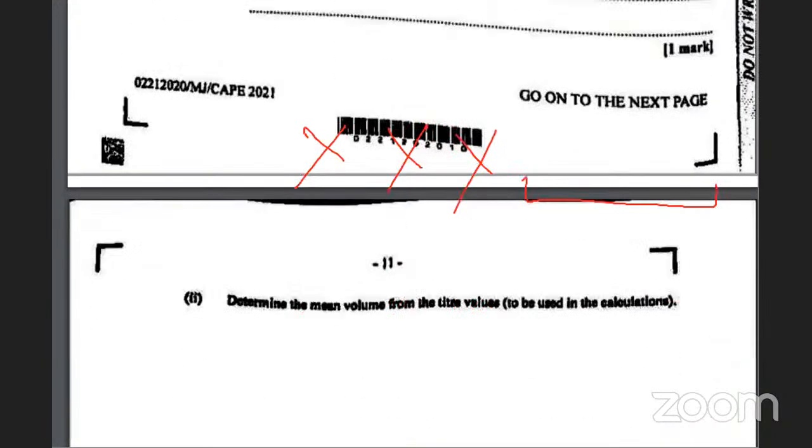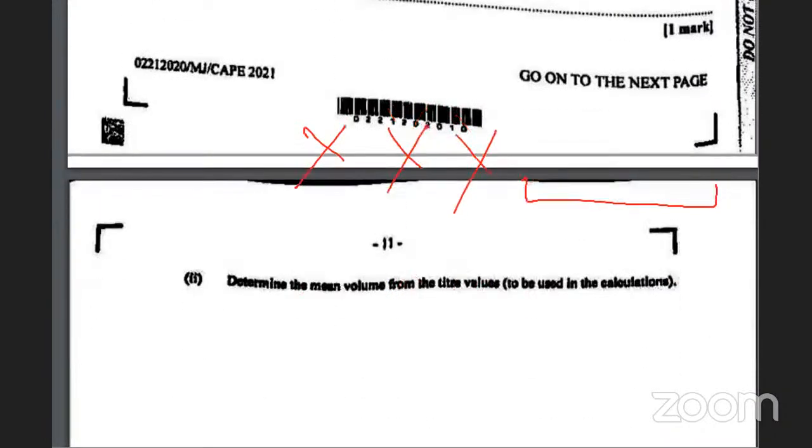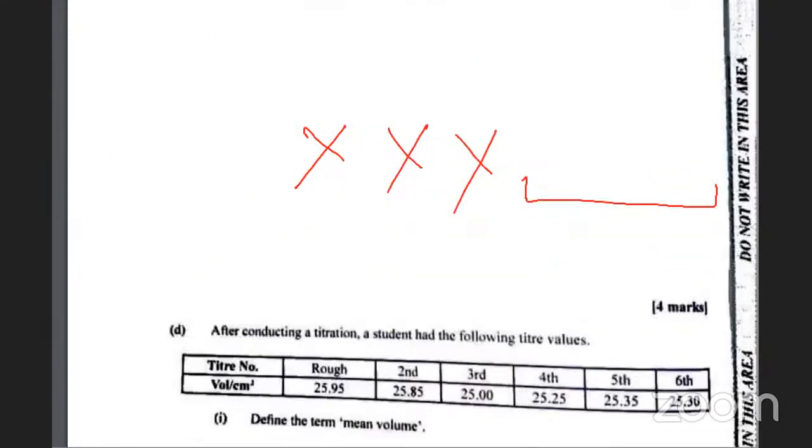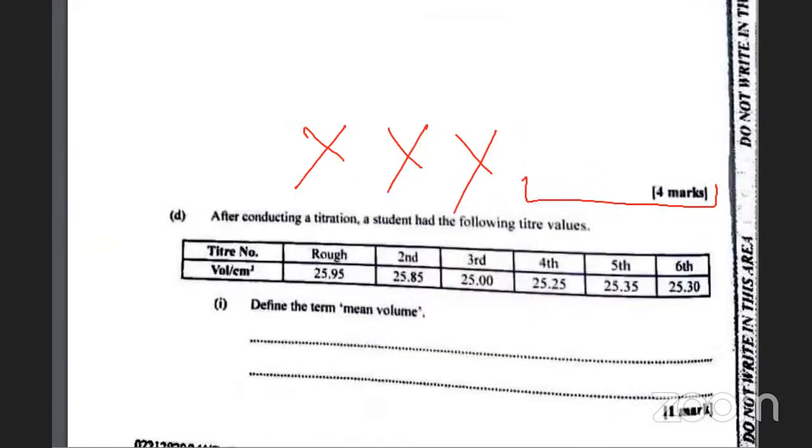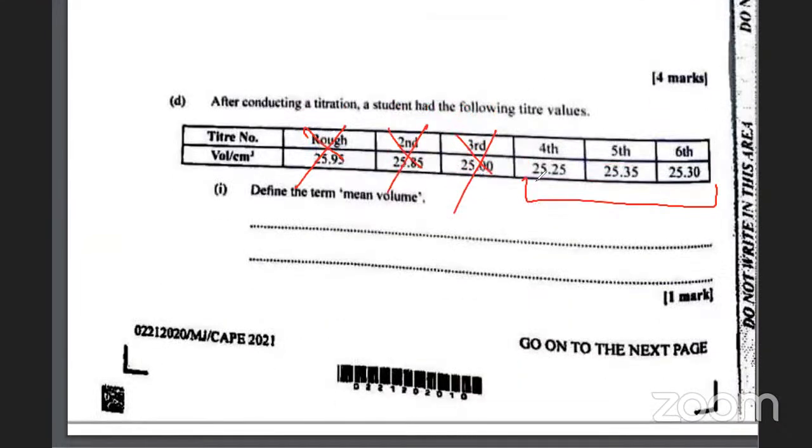So the question says, determine the mean volume from the titer values to be used in the calculation. So the mean volume is the average volume, basically.